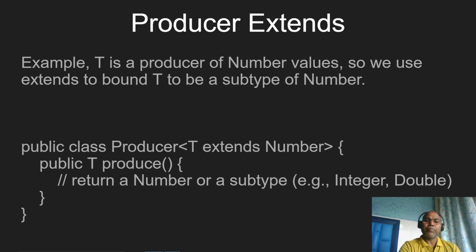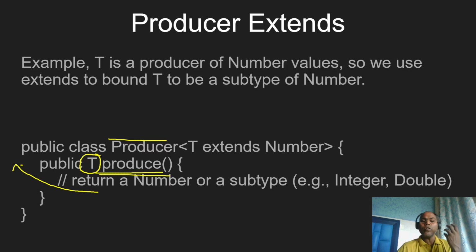And that's the example. Here in this example, we have written one class, Producer. It has one method, produce. Now you can declare produce with a generic type T. Because these methods are returning a value, producing a value, a good option is that T should extend the bounded type.